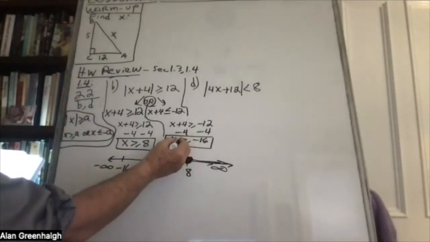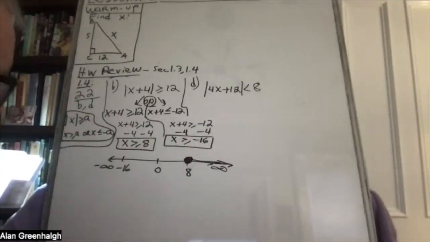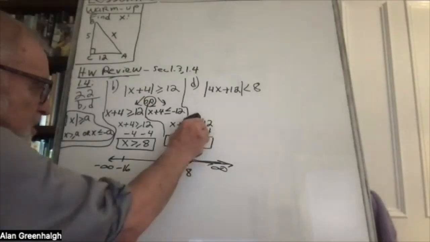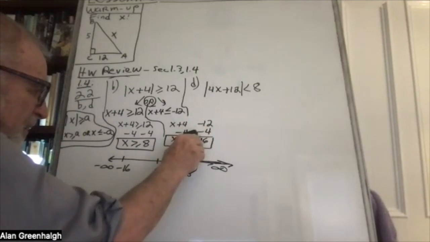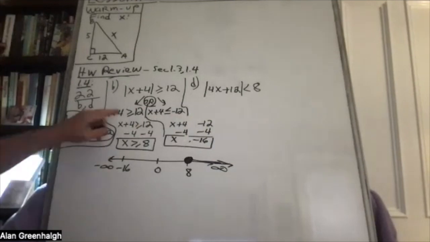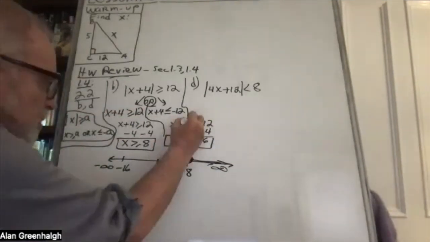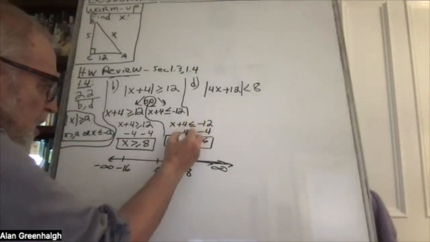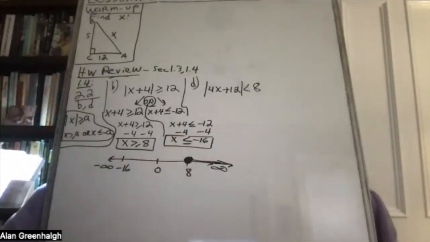Oh, but you flipped the sign. Yeah, I accidentally flipped the sign for no reason whatsoever. Okay, so that was a mistake because this was greater than 12. This should have been less than or equal to negative 16.